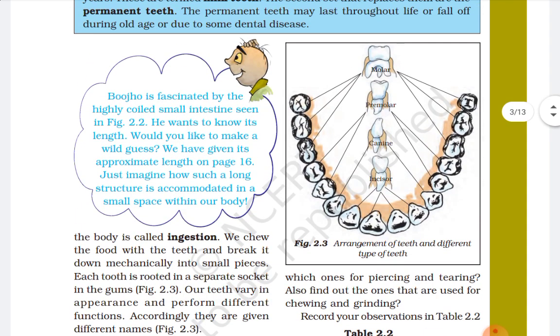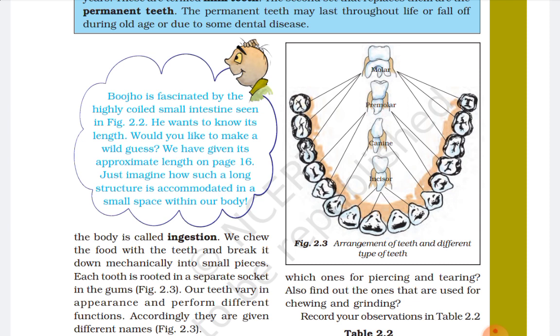Like you can see the incisors in our front, and the canines beside the incisors. There are four canines, eight incisors, eight premolars, and 12 molars.